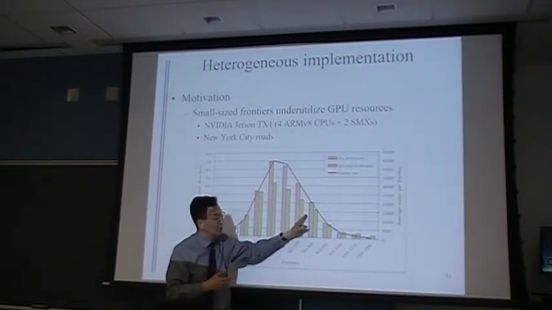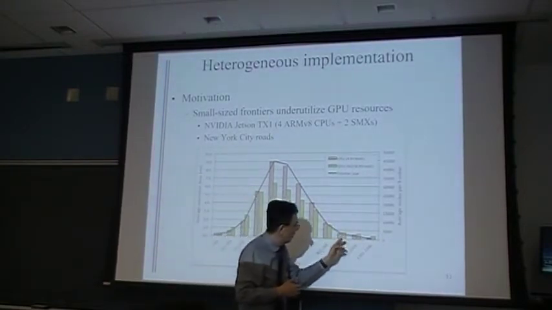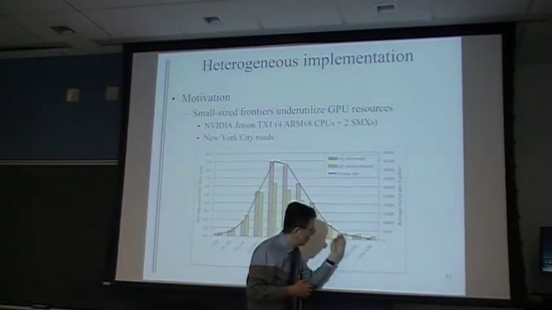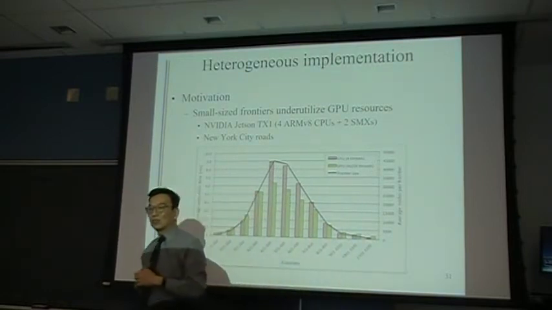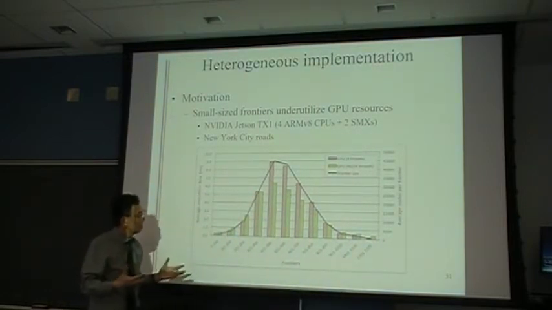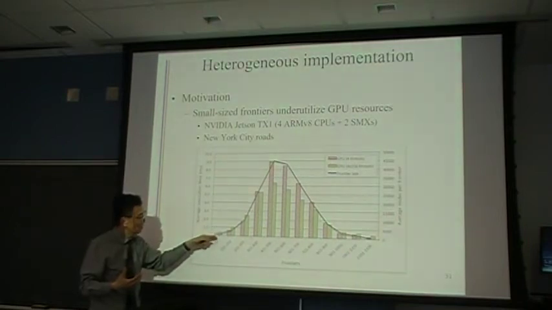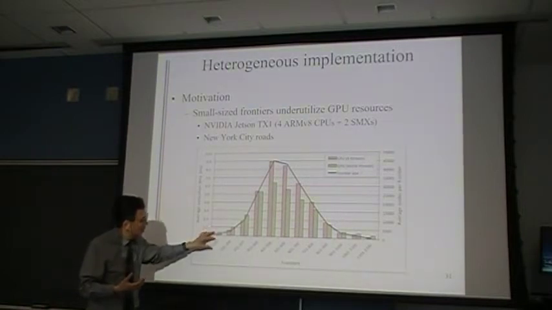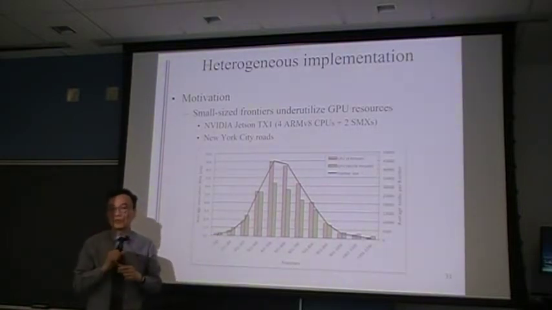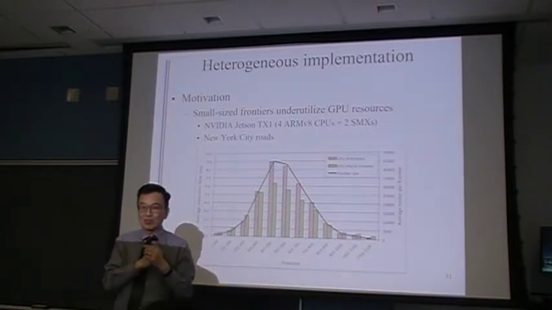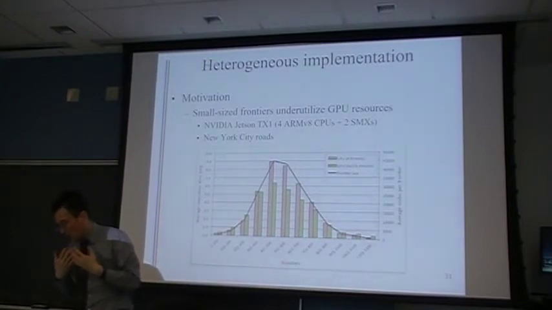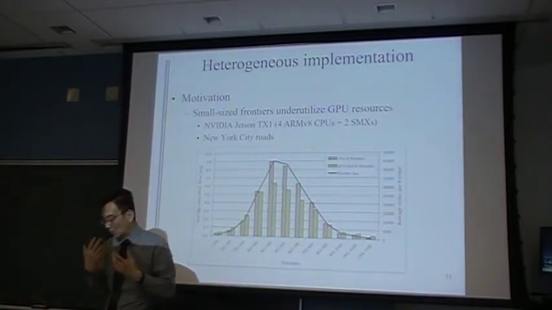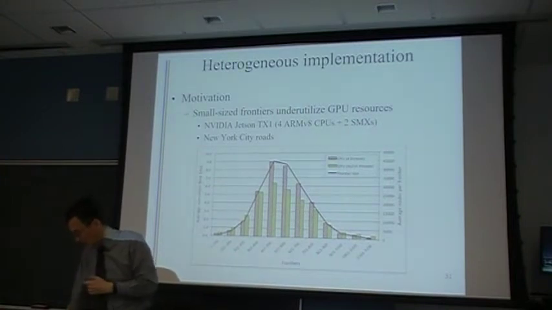And towards the end, when the frontiers become small enough, the CPU will begin to have the advantage. This is very consistent with our previous comment about using a small kernel, right? If the frontier is small, in a GPU, using a small kernel with only 1 block will also be much faster. You don't need that much parallelism, but you want lower latency and lower memory access overhead.